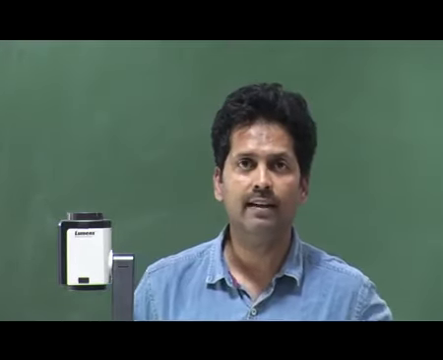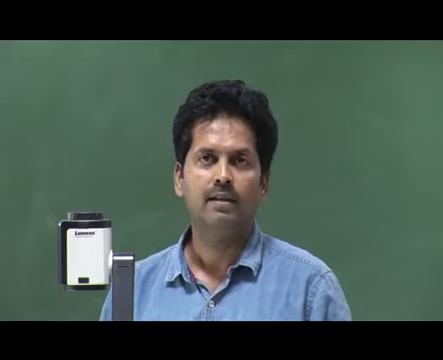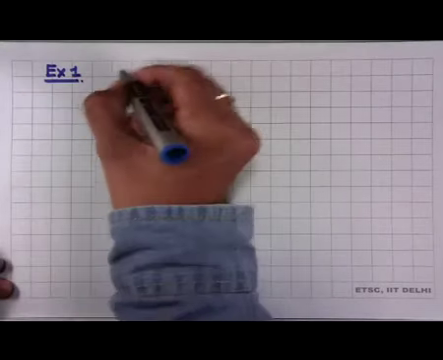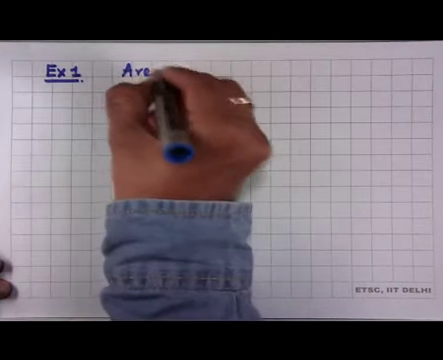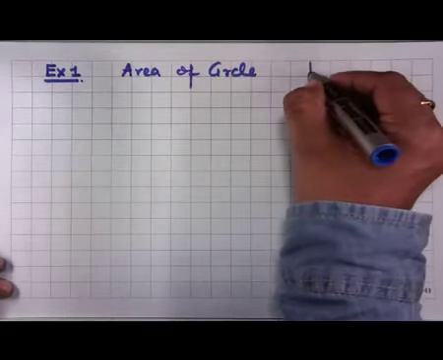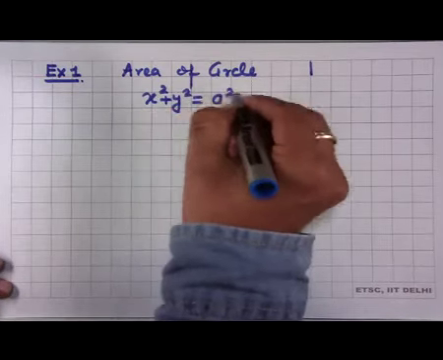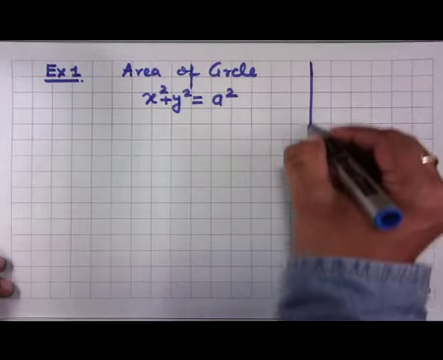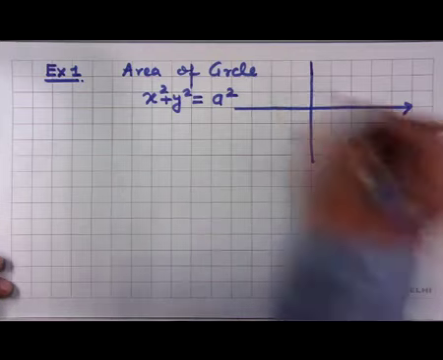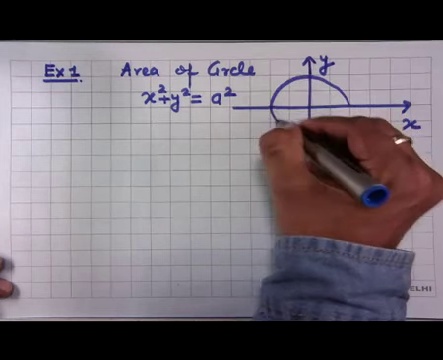Now let us use all these facts and solve some very simple problems at the beginning. Say for example, let us find the area of a circle x square plus y square equals a square. So if this is your y axis and this is your x axis, and the circle is this.